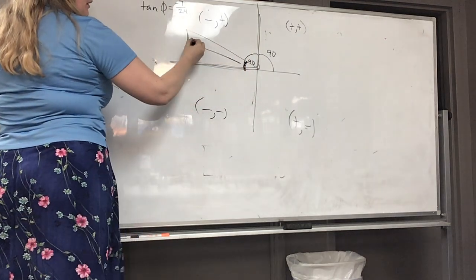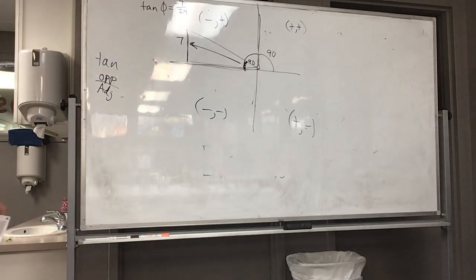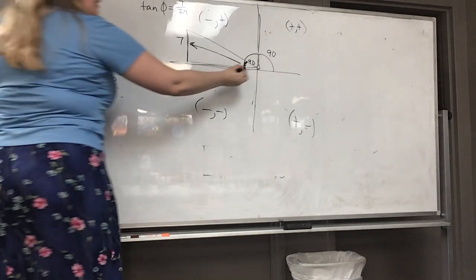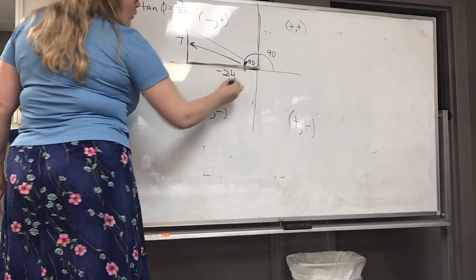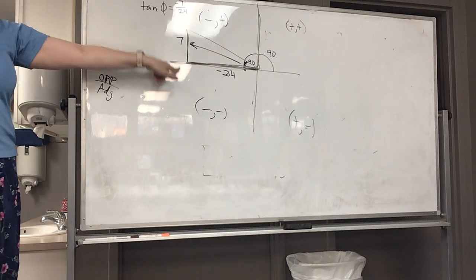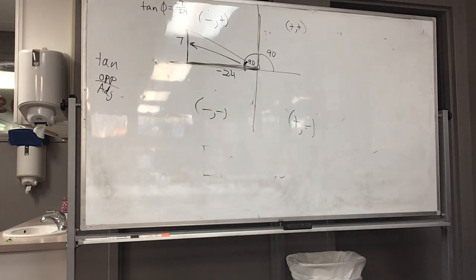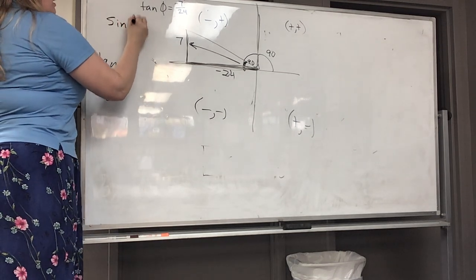Opposite is going to be 7, and adjacent is the -24, because it's negative in the x direction, positive in the y direction. So that's just a little bit of setup. And the question is, which of the following equals the sine of theta?